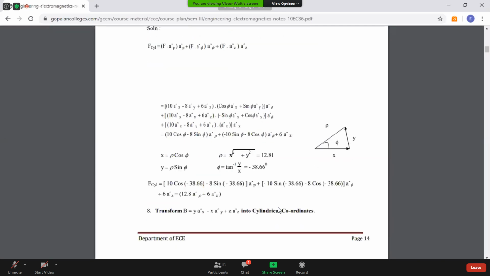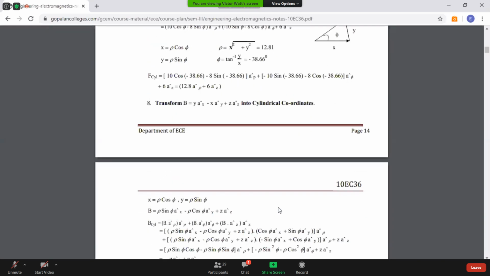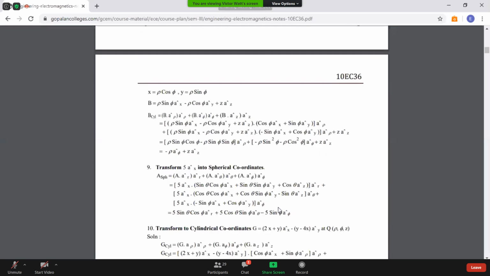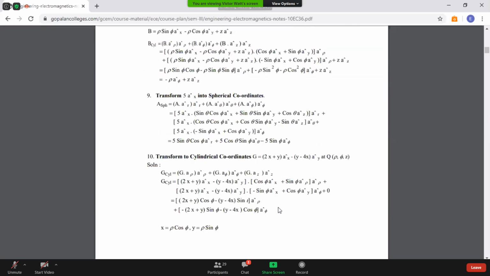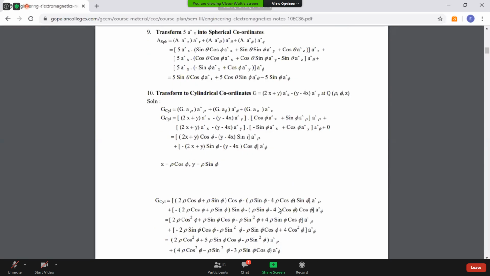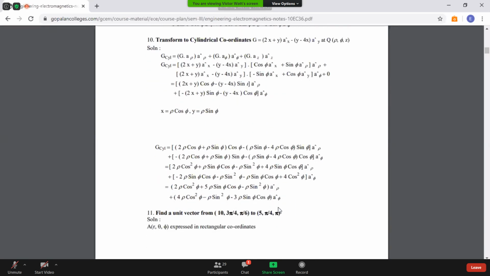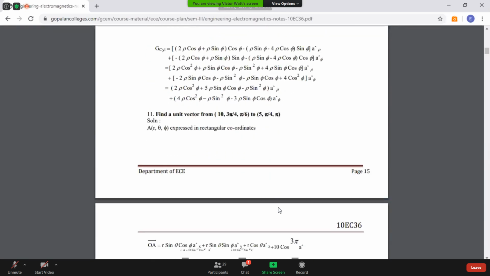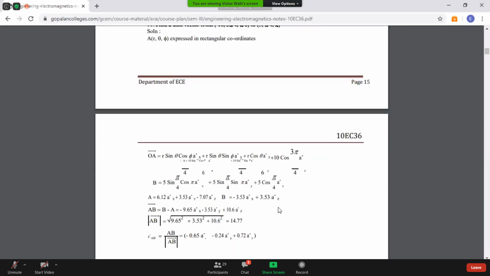So just do a screen dump on these other examples, and then I'm going to switch back.